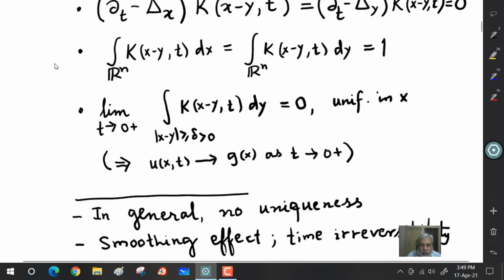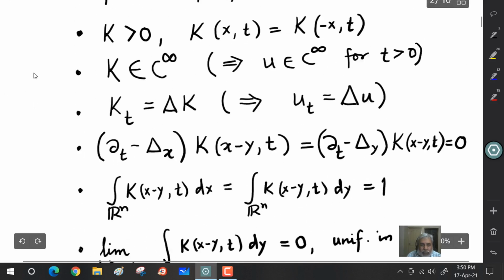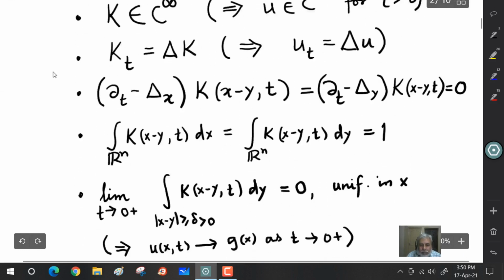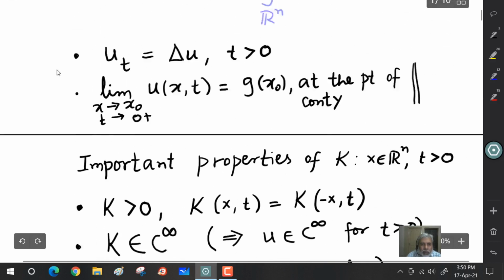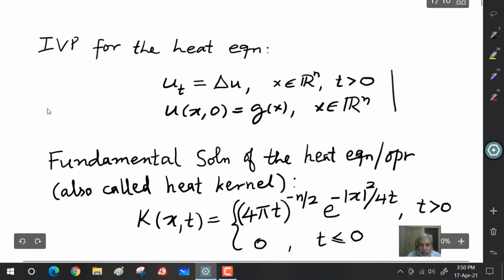So that's referred to as time irreversibility. So with this heat equation, we can only predict what happens for future times, not backward in time. Okay, this is the story of the heat equation in the entire domain.